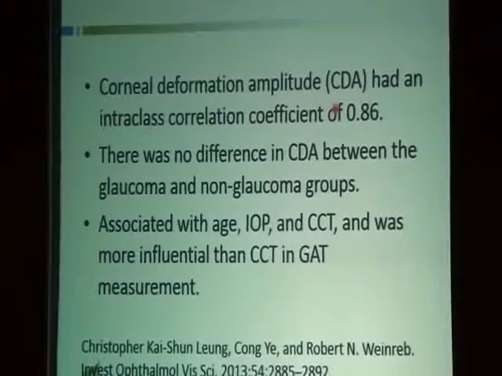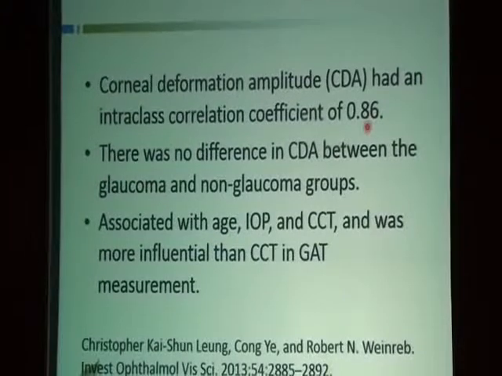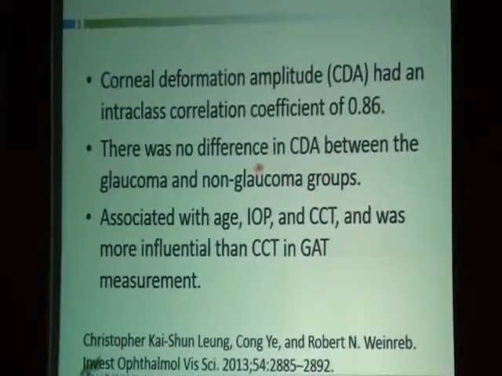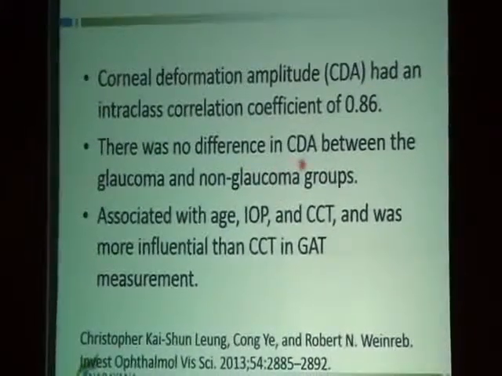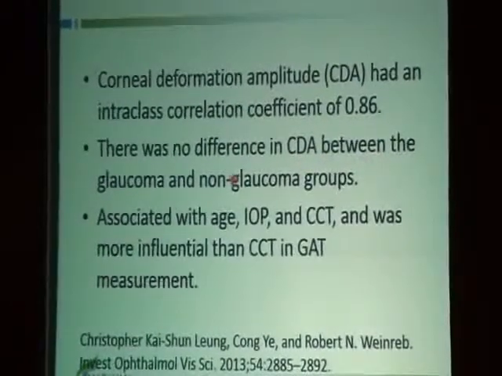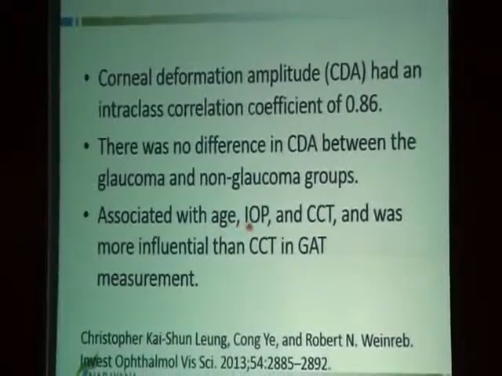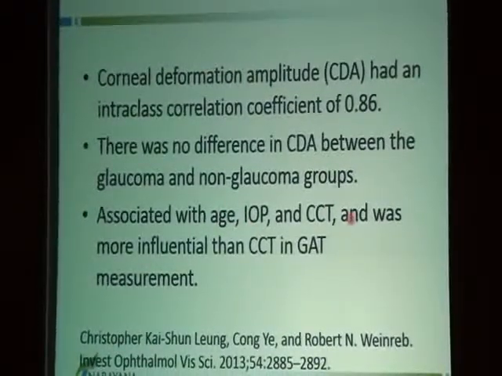So the corneal deformation amplitude has a good intra-class correlation, and studies show that there is no difference in the corneal deformation amplitude between glaucoma and non-glaucoma groups. It is associated with age, intraocular pressure, and CCT.